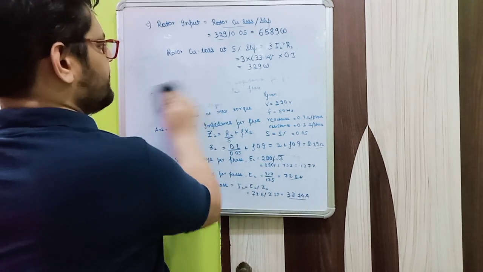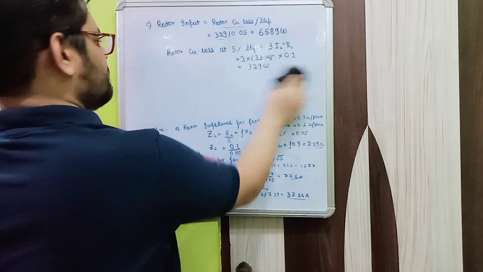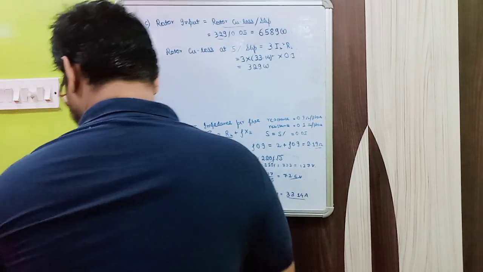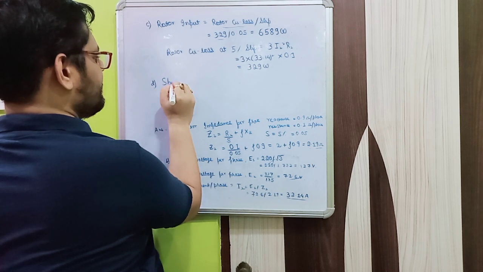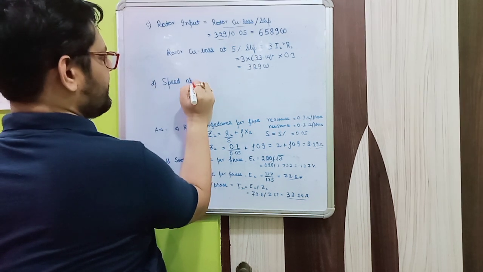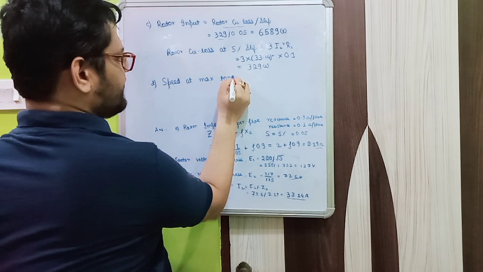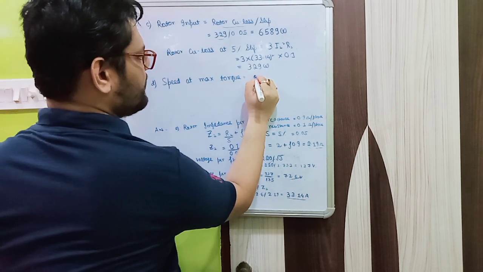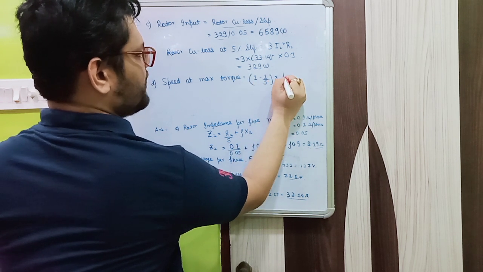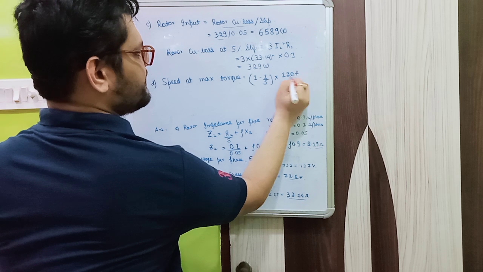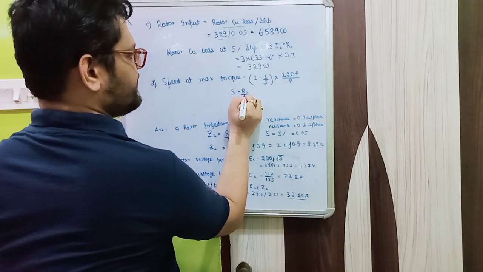So what is the speed at the maximum torque? We will find out that part. The speed at maximum torque is equal to 1 minus S into 120 F by P. So S is equal to R2 by X2.